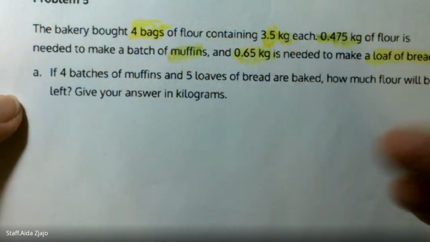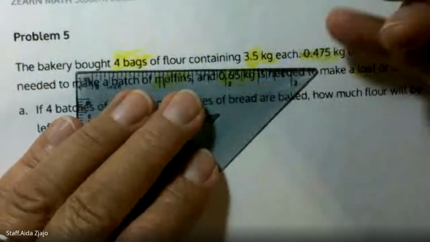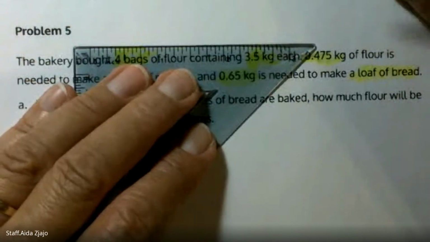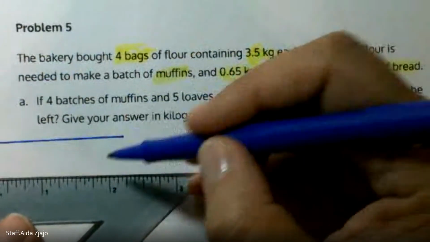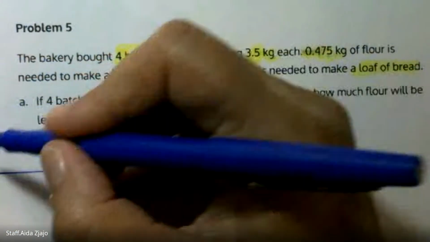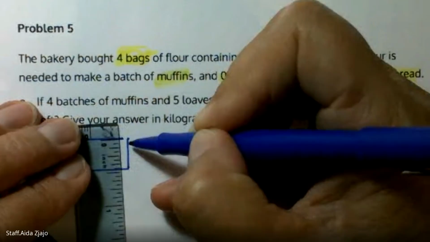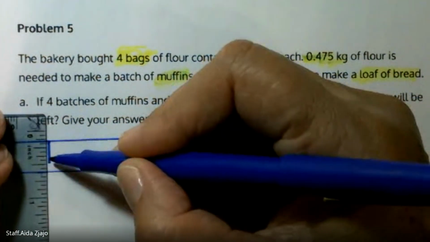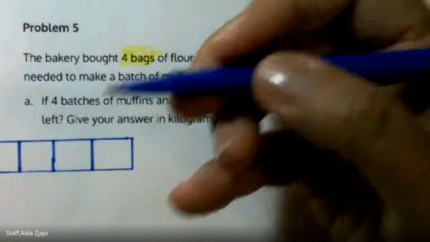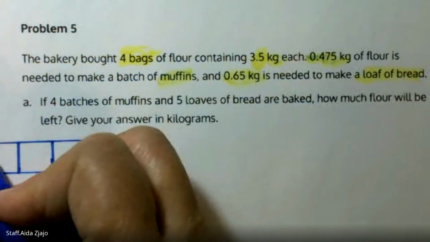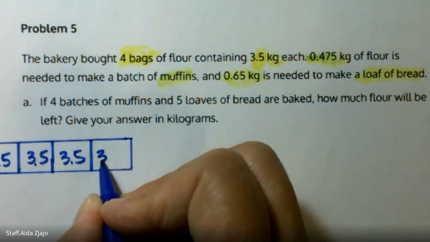So the first thing we think about is, if we have 4 bags, each is 3.5, 3.5, 3.5, 3.5.